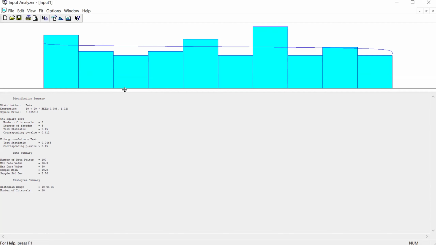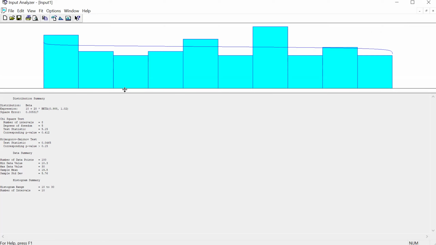When you do the Fit All, it will show you the fit of the best distribution. In this case, p-values are about 0.05 for both the KS and the chi-square. One of them is 0.41, the other one is greater than 0.15.